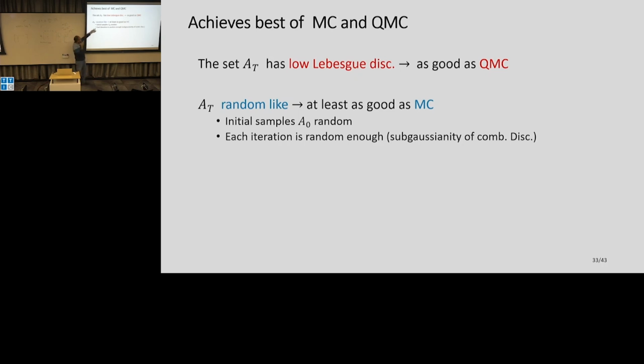Your initial samples A_0 were completely random, and each time you apply this sparsification, it's this sub-Gaussian thing. So it needs a couple of lines of computation, but you can show this randomness passes through. So the end result looks completely random for any kind of test function. Again, let me keep it hand wavy. Each iteration is random enough because of sub-Gaussianity.